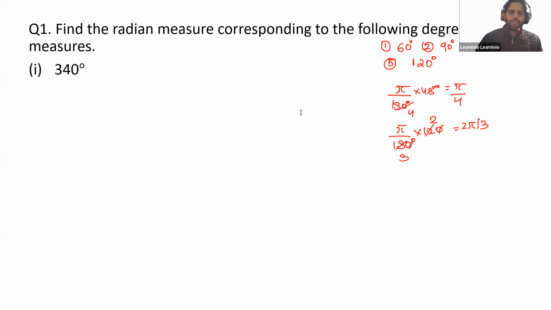And please note this and start this question. The first one, 340 degrees. Krishna, you start once again. Start the first question and share your answer.